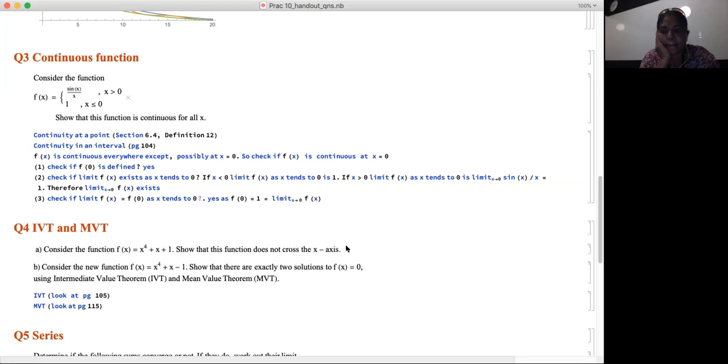It shouldn't have a root when x equals 0. Yeah, that's also correct, but how would you show that? Kai says find the minimum and check if the minimum is positive. That's exactly the approach that I would use here.